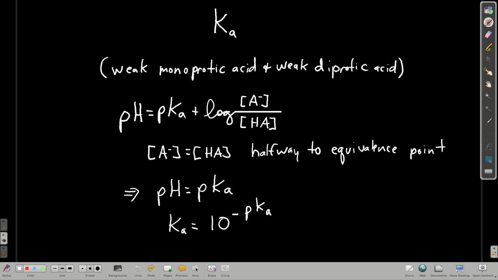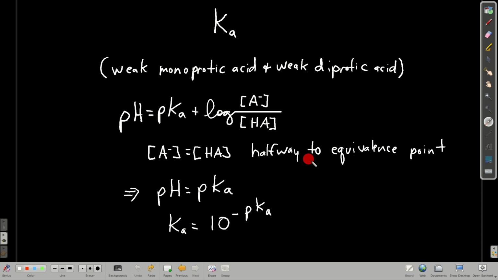Now to get the Kas, it's really easy because for all of your weak acids, monoprotic and diprotic, you found not only the pH and volume of sodium hydroxide solution added at the equivalence point, but you also, if you remember, found the pH at halfway to the equivalence point. Thinking about the Henderson-Hasselbalch equation, which is what we're using here, pH equals pKa plus log of the base over the acid form.